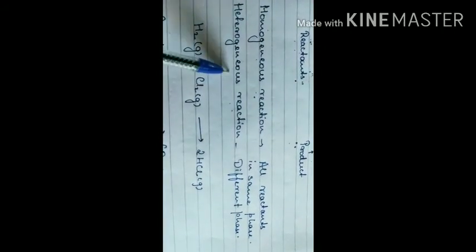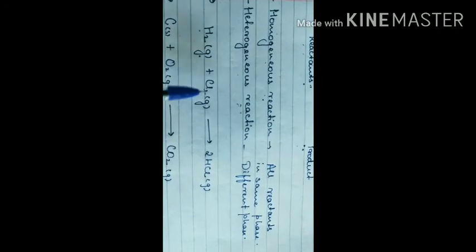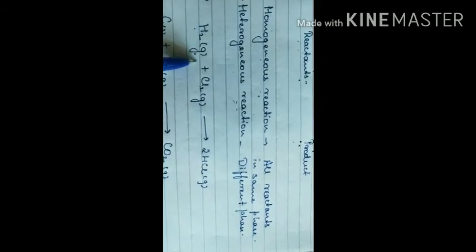In homogeneous reaction, all the reactants are found in the same phase. But in heterogeneous reaction, the reactants are not in the same phase. What is the meaning of different and same phase? Here is an example of homogeneous reaction: hydrogen is in gaseous form, chlorine is in gaseous form, and this gives HCl, hydrochloric acid, which is also in gaseous form.